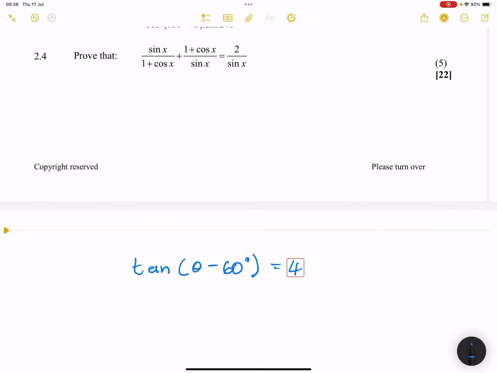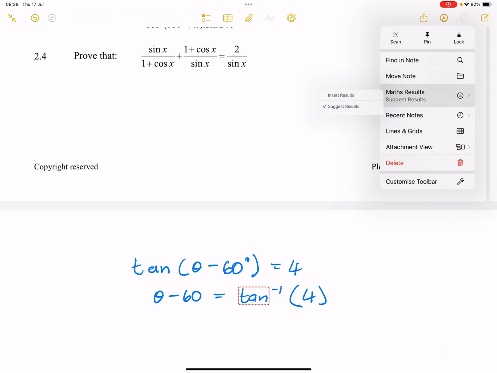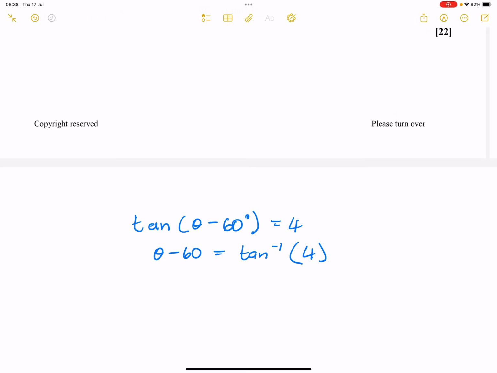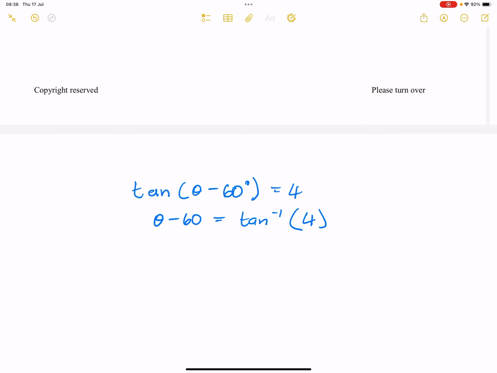So we're going to say theta minus 60 would be the arctan of 4 degrees. All right, and this thing always gives us a little bit of an issue, so we need to switch it off.